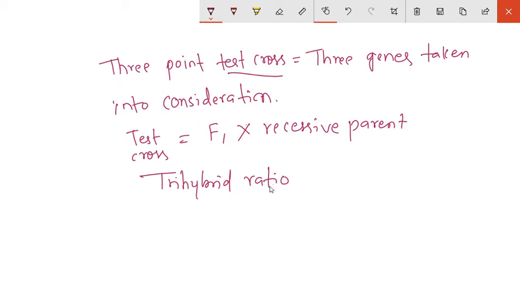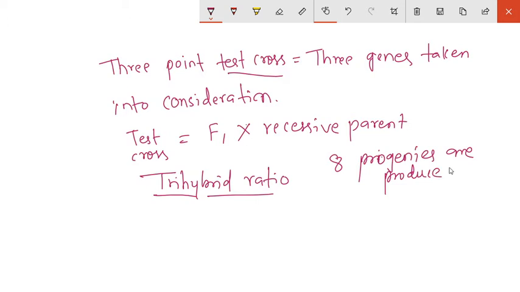In the trihybrid ratio, 8 progenies are produced in the ratio of 1:1:1:1:1:1:1:1. So, 1, 2, 3, 4, 5, 6, 7, 8. These 8 progenies are produced when we perform the trihybrid test cross.